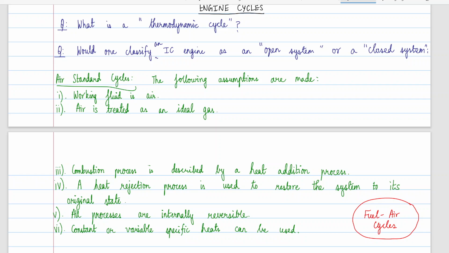There are two kinds of curves we look at: power versus RPM and torque versus RPM. So you'll not get both at the same time.